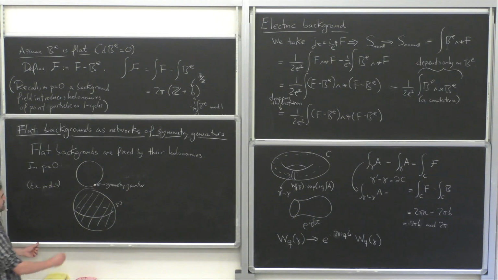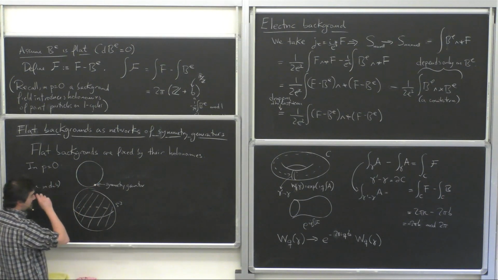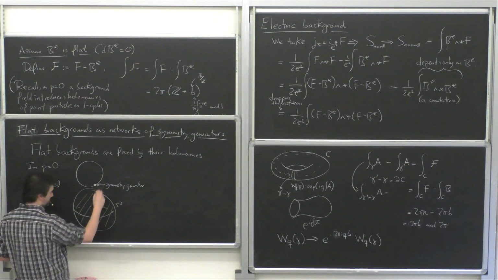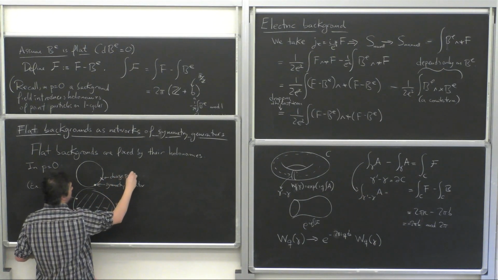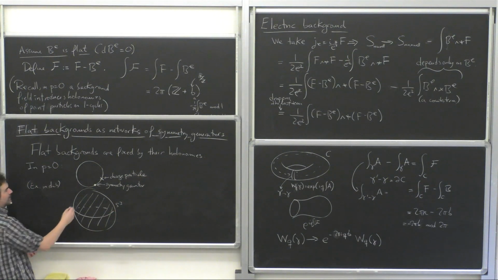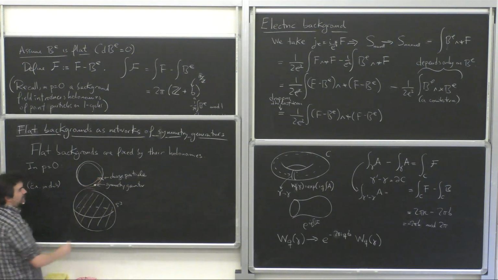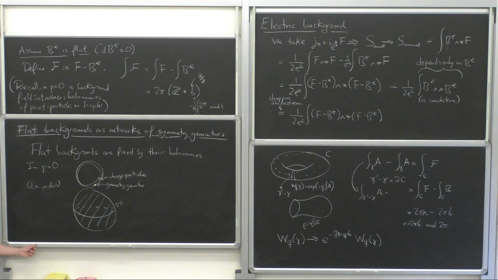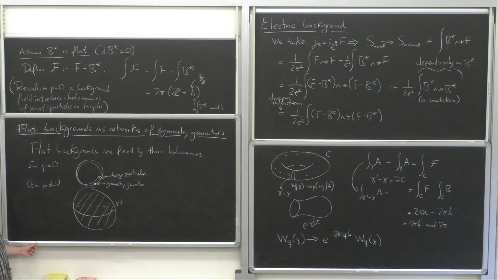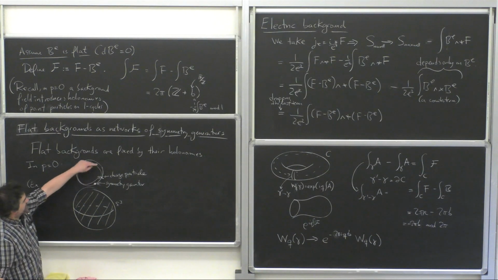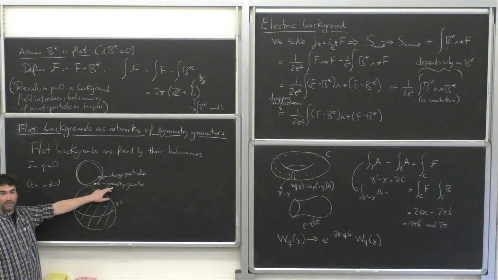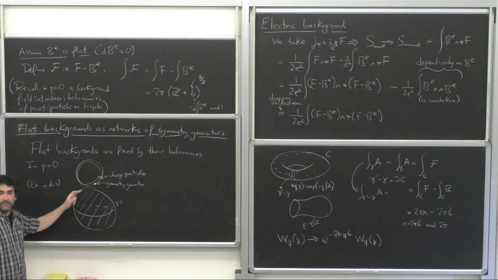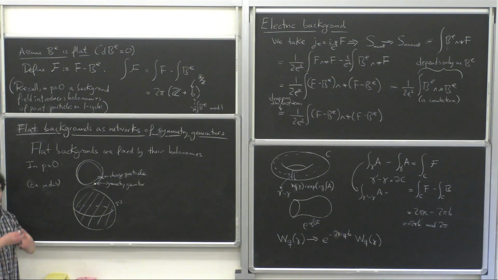And now imagine that I take some charged particle, and I drag it all around the S1, coming back to where it was. Then the charged particle will pick up a holonomy given by the action of the symmetry generator on that charged particle. You have to cross the symmetry generator, and that's precisely what symmetry generators do. They act with some group element on your charged object.